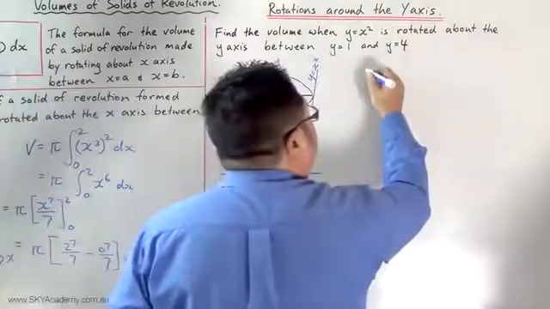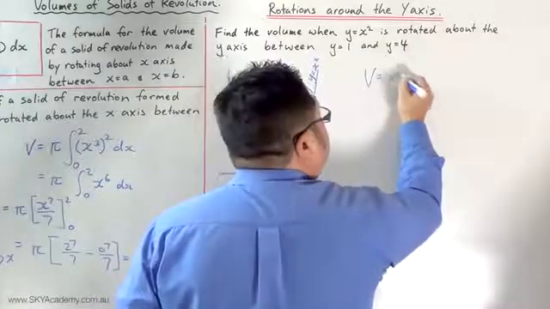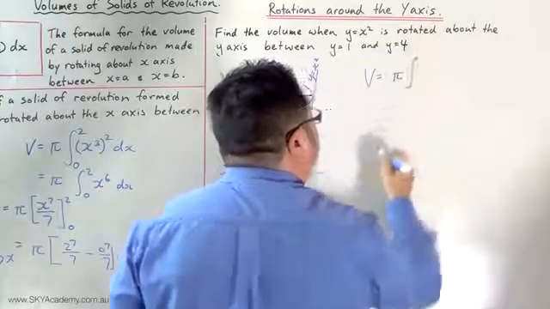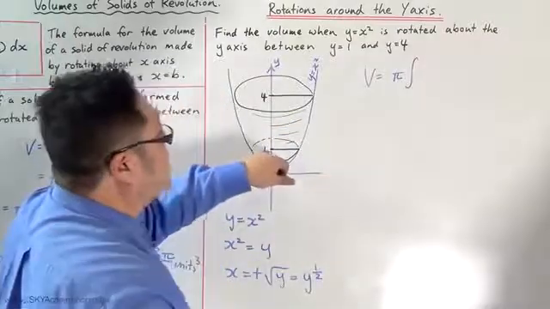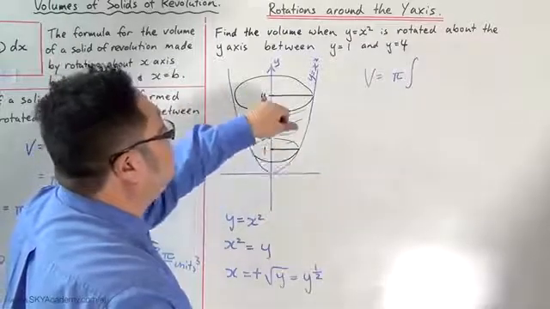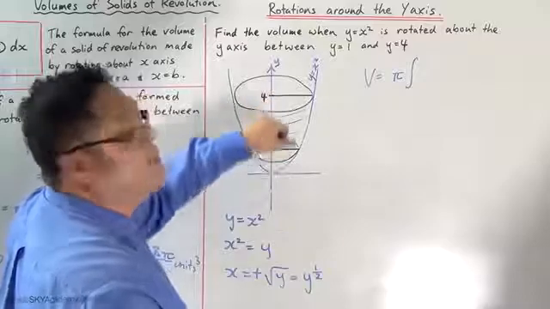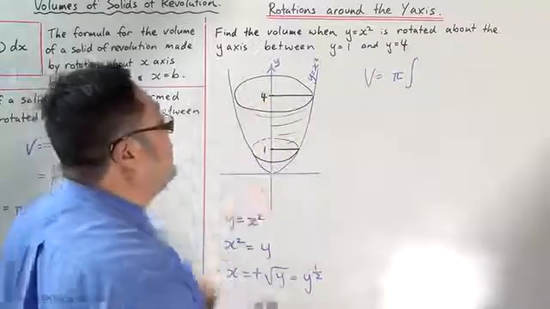So the volume of revolution is equal to pi times the integral, and in this case it's the integral from 1 to 4. The limits have already been given to us in terms of y.